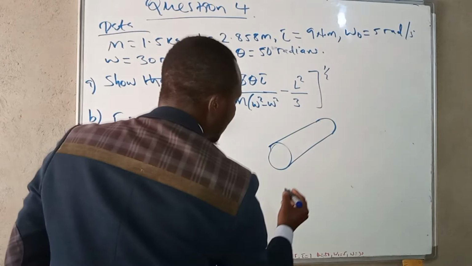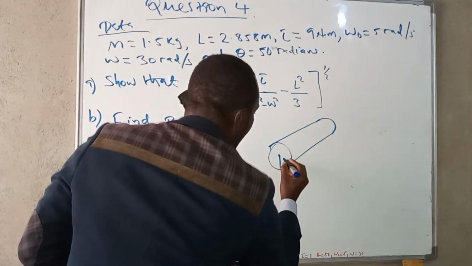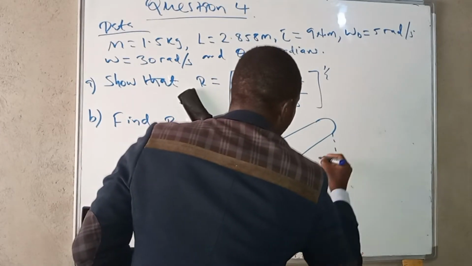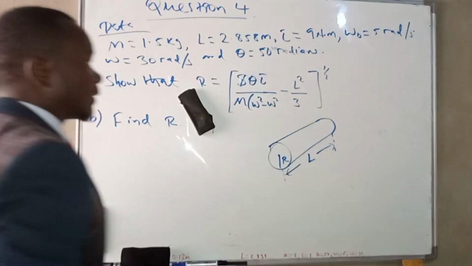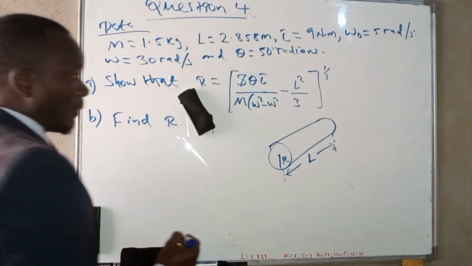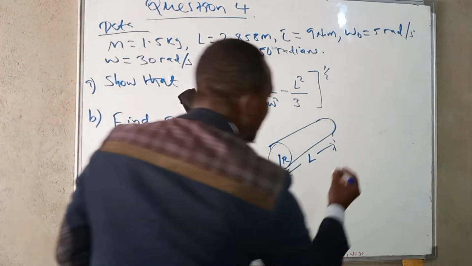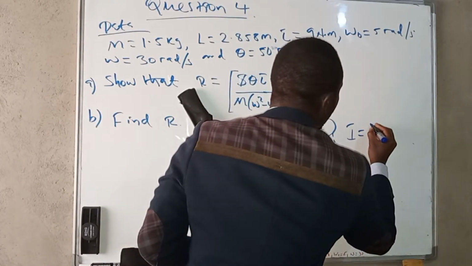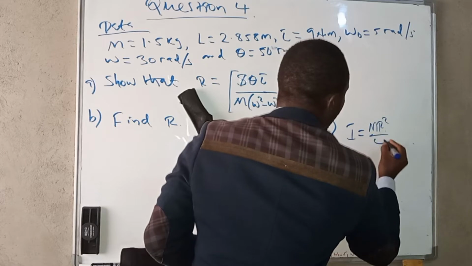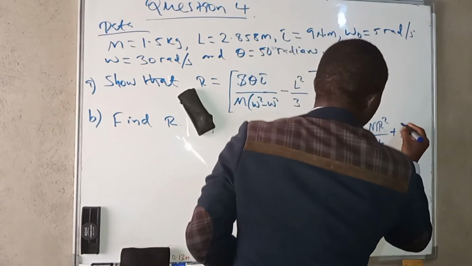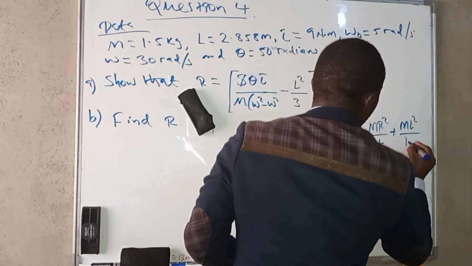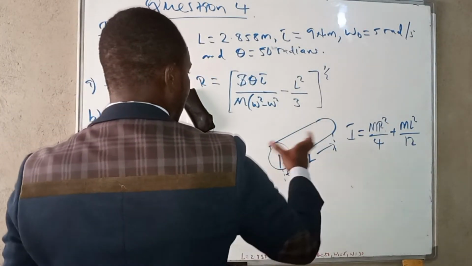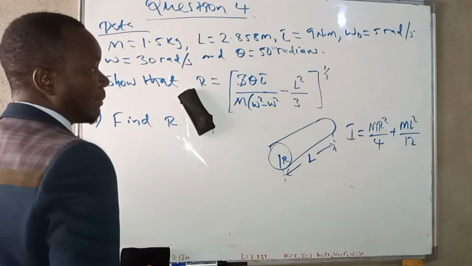We have something like this, where we have this as the radius, and we have this, which is L. Now, the moment of inertia for this is mr squared over 4 plus ml squared over 12. So this is the moment of inertia for a cylindrical drum.